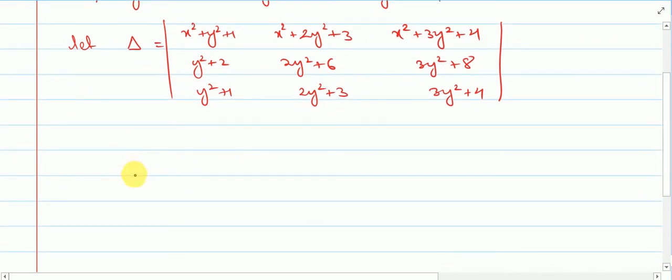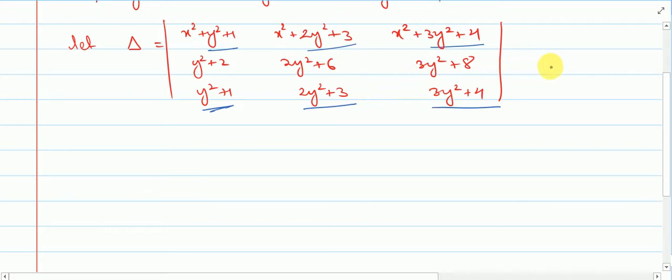Now here we don't see anything common right now, okay, but you observe one thing, that this is y square plus 1, and here we have y square plus 1. Here we have 2y square plus 3, here we have 2y square plus 3, here 3y square plus 4, here we have 3y square plus 4.